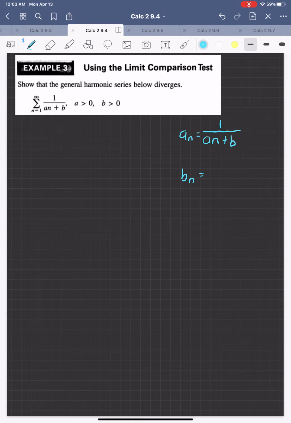So the B sub n for that series is 1 over n, because remember, it's n to the power of P, and this is the case where P is equal to 1, n to the power of 1. This is a type of P series, which is what we call the harmonic series. And what we know about the harmonic series is that it is divergent, right? It diverges.